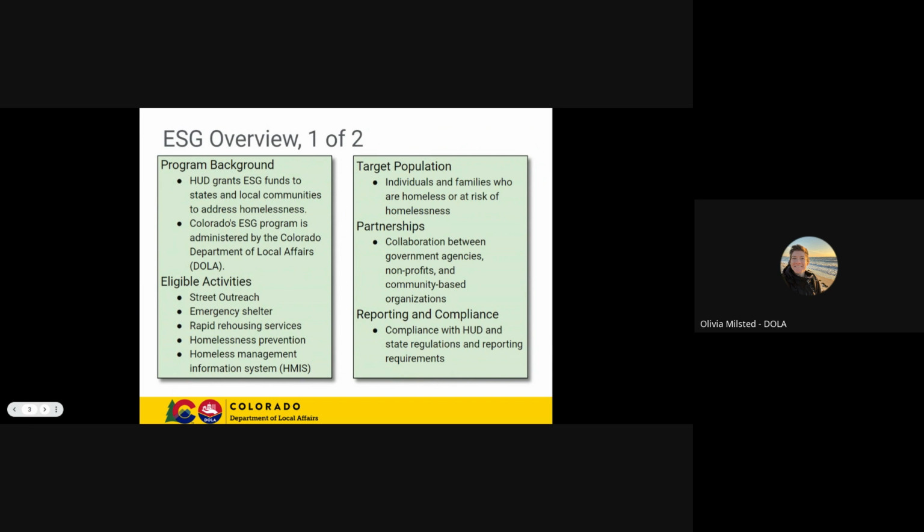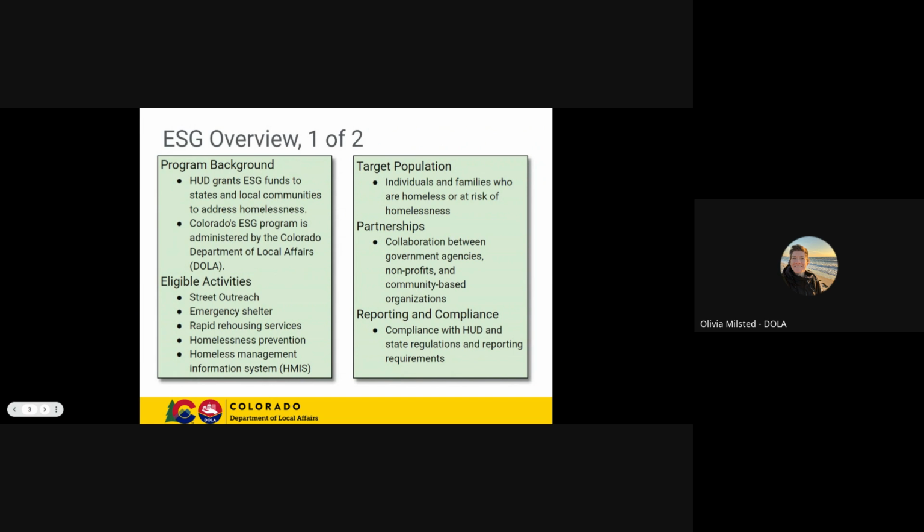There's a number of eligible activities that fall under the Colorado ESG program, and these are street outreach, emergency shelter, rapid rehousing, homelessness prevention, and homeless management information systems, or better known as HMIS, or a comparable database for certain grantees. The target population of ESG grants are to support individuals and families who are experiencing homelessness or at risk of experiencing homelessness.